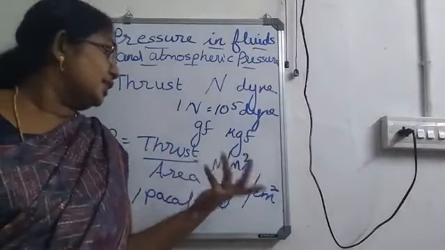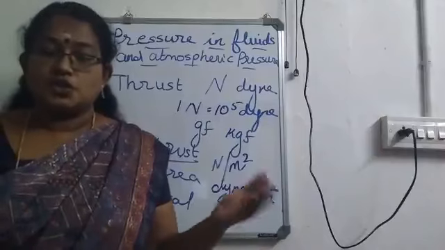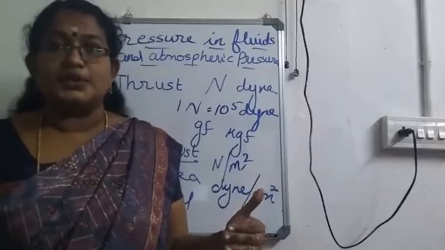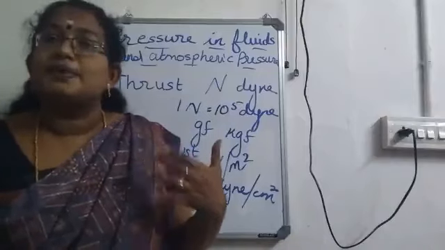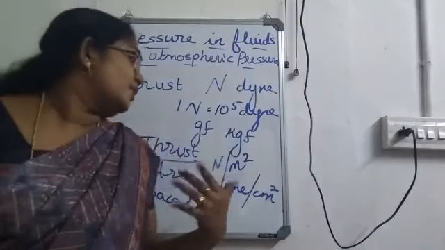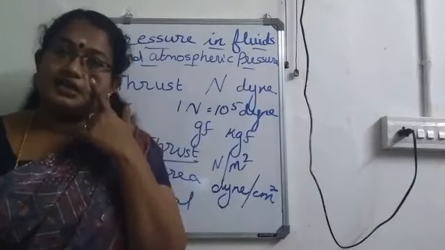If the force acting is 1 Newton and the area of the surface is 1 meter square, then the pressure produced will be equal to 1 Pascal. This is how we define the unit.